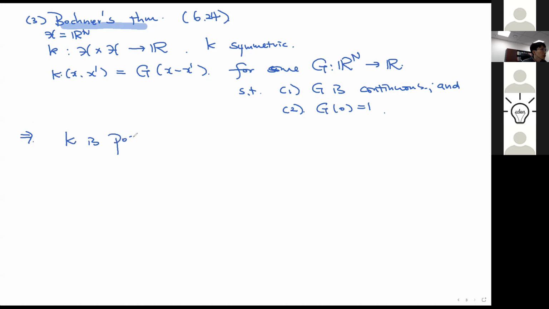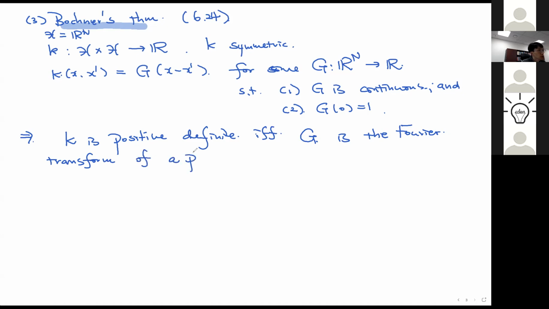So K is positive definite if and only if g is the Fourier transform of a probability distribution P on X. So what does this mean?